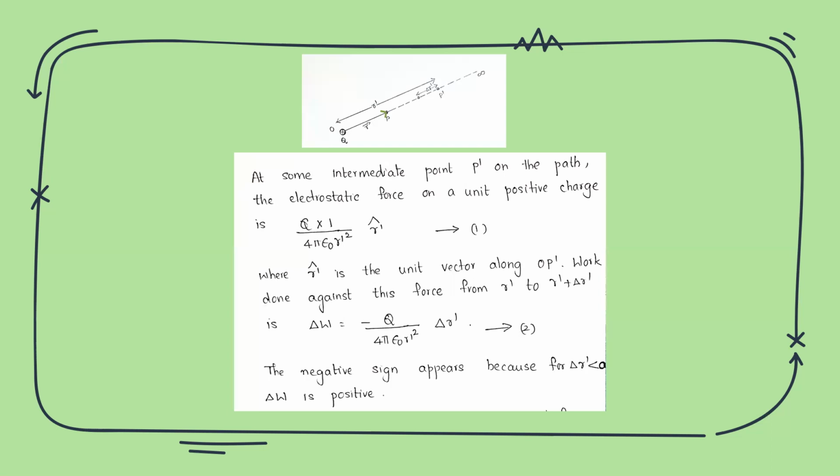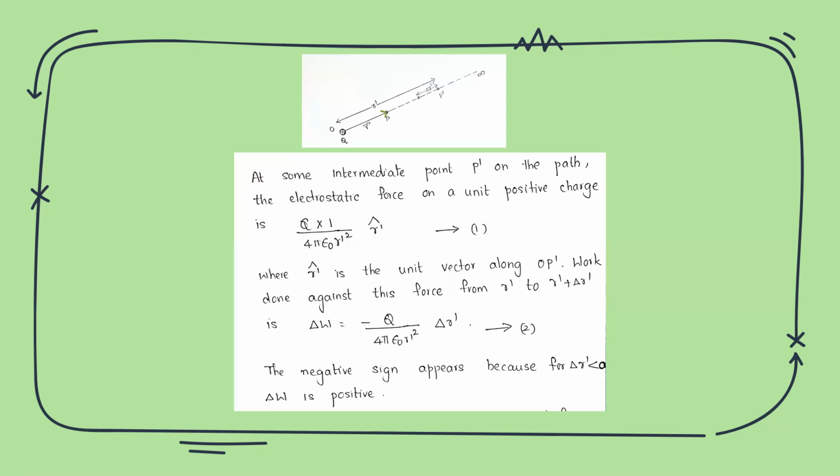So work done for a small distance delta R dash, that is delta W, is equal to minus Q by 4 pi epsilon naught R dash square, delta R dash. Equation number 2. You may get a doubt here why I kept a negative sign. The negative sign appears because for delta R dash less than 0, delta W is positive.